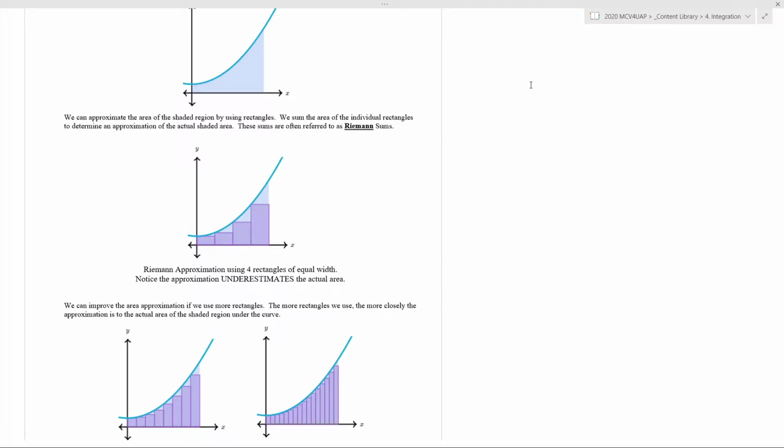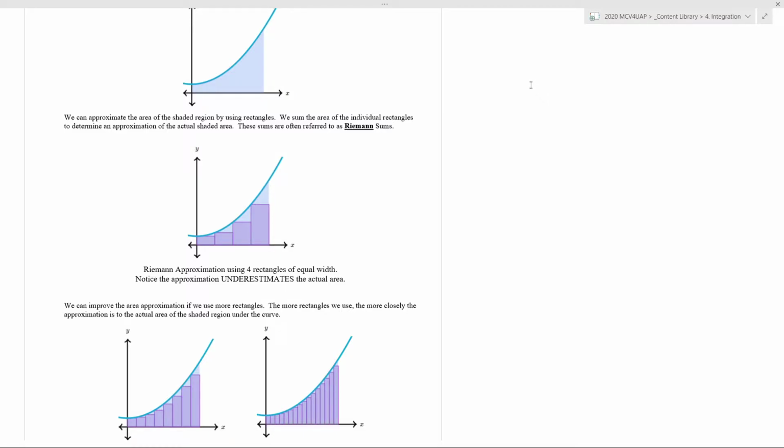But you can see in the picture that it's not a really good approximation. Above each rectangle, you've got this area that we have not accounted for. So that approximation, which is often called a Riemann approximation, would underestimate the actual area.